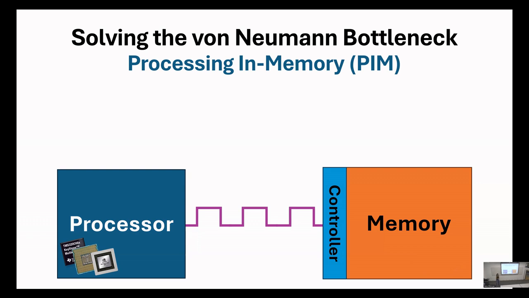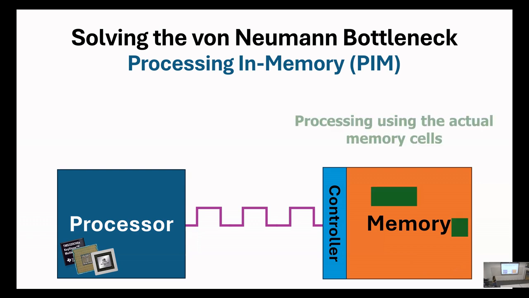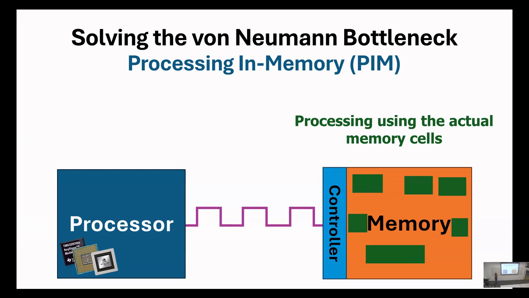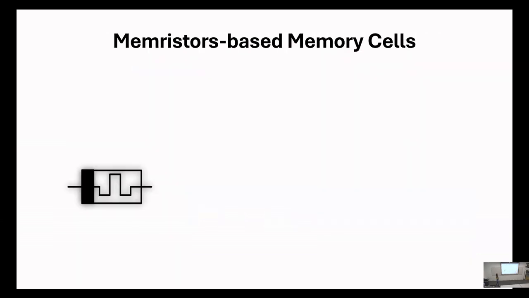And our group is trying to solve it by using processing in memory, or PIM. We're trying to process using the actual memory cells of the memory. Many students have worked on it in the past, and I'm going to show you what I did inside of this entire project.